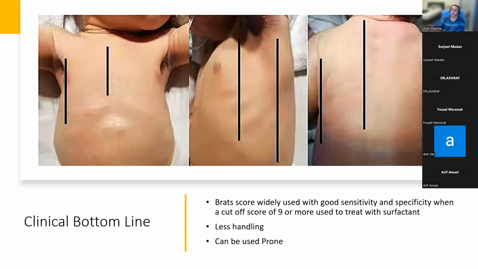Do you get what I'm saying? There is good evidence from the studies. The study that's been done by Rodrigo basically shows that lung ultrasound scores are more accurate than FiO2, that they allow earlier prediction for the need for surfactant as compared to FiO2, which rises later on. But once you've given surfactant, in that context, there is very little evidence.